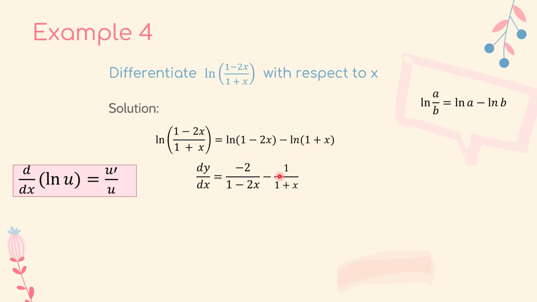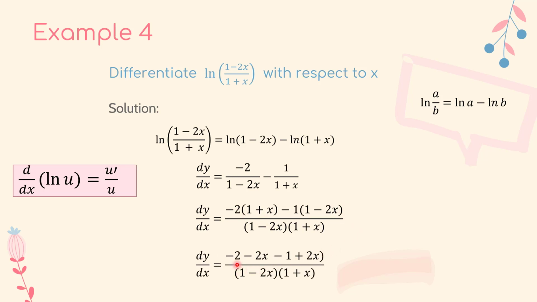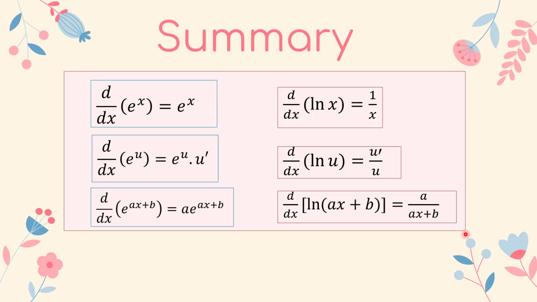Now we simplify these two fractions. We cross multiply, make the same denominator and simplify, so that we have (minus 2 minus 2x minus 1 plus 2x) over (1 minus 2x) times (1 plus x). So the final result will be minus 3 divided by (1 minus 2x) times (1 plus x). So we finish example 4, and that's all for today.